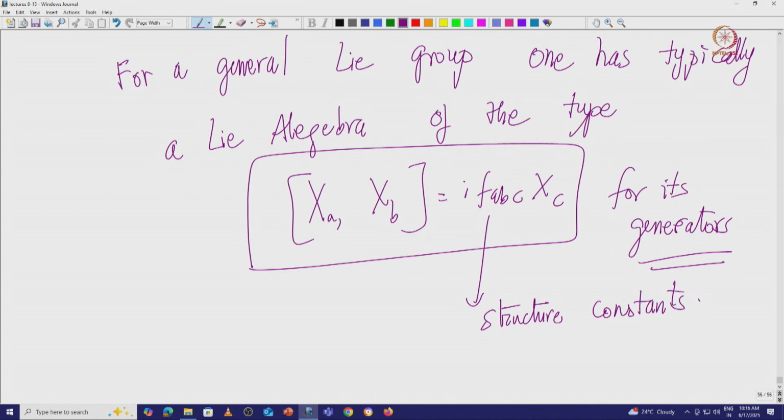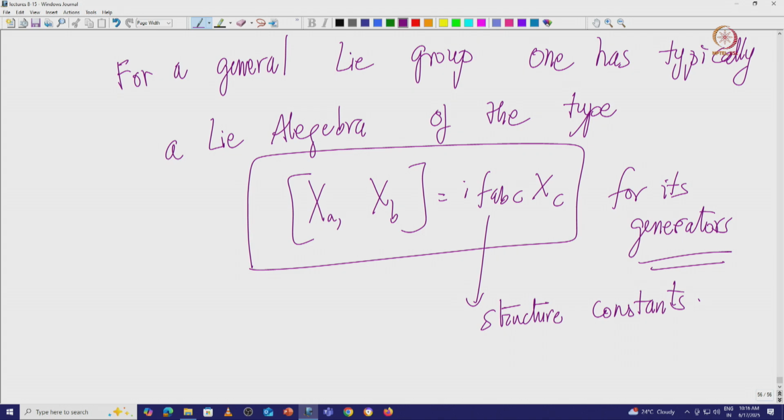So once we know the structure constants, everything about its algebra, everything about its representations is known. That is the reason why this is a very powerful technique to know the nature of the Lie group.